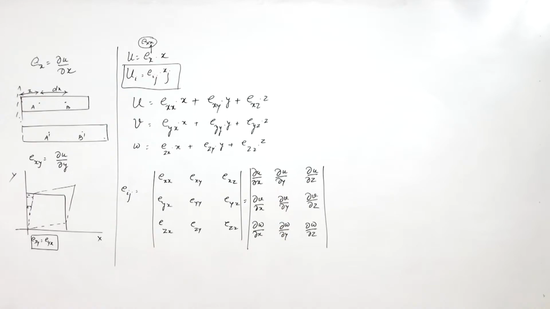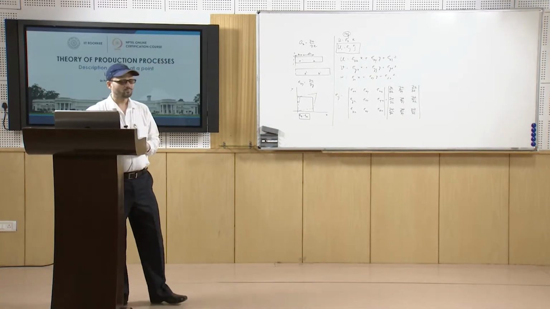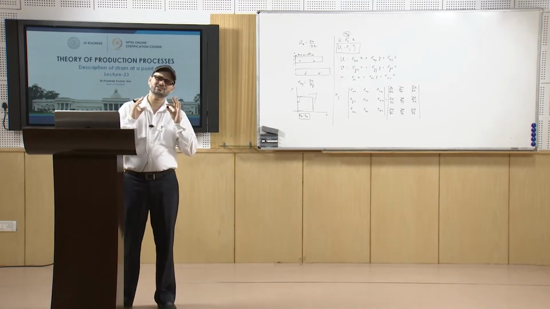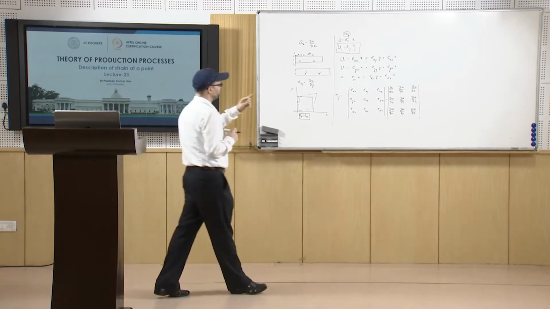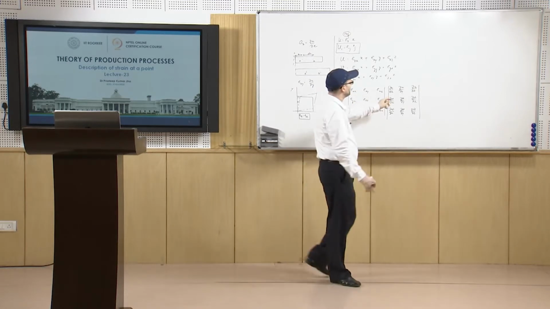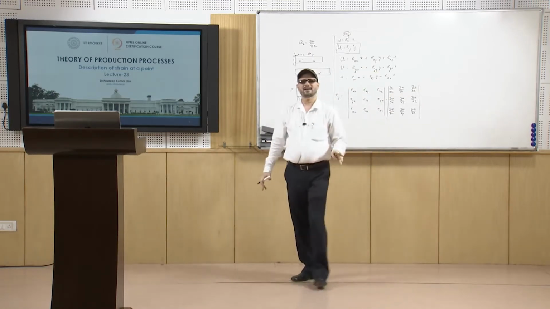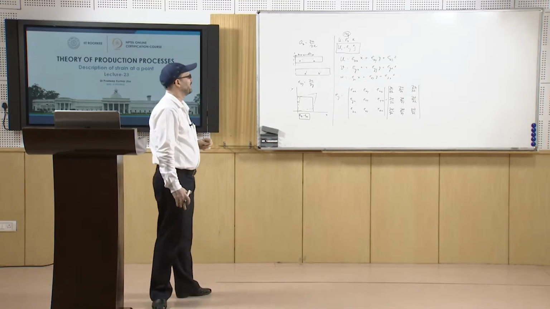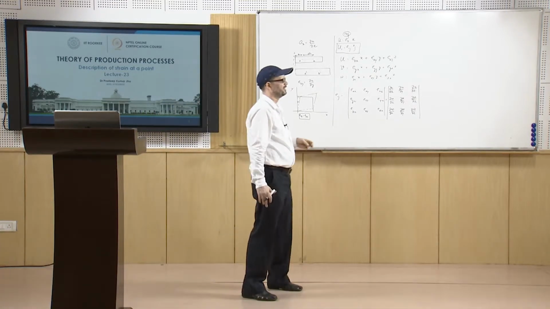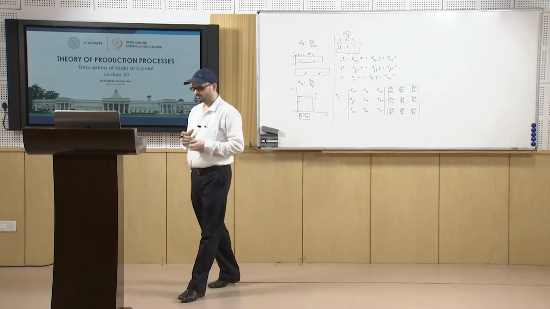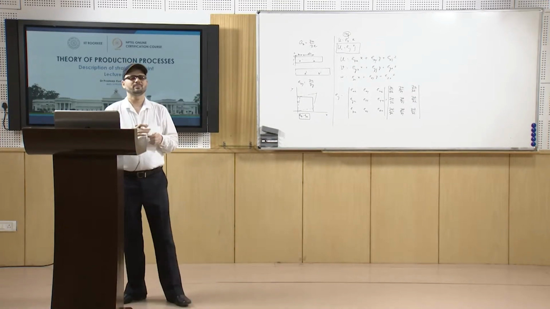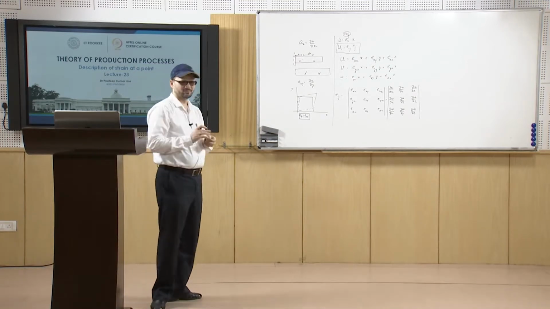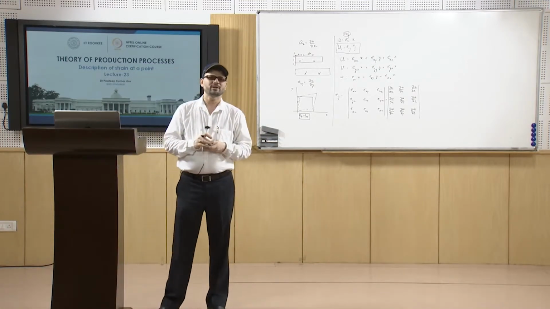Now this Eij, as it's a strain, is a strain tensor, so it has 9 components. This is a second rank tensor which has 9 components. Once it's a tensor, we can represent it as a matrix, in terms of the addition of 2 separate matrices.